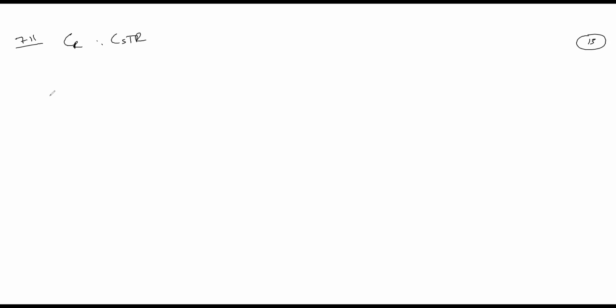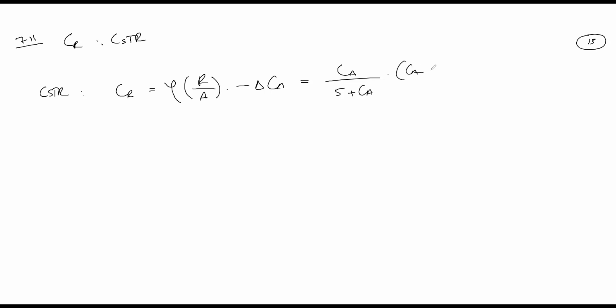So we said in a CSTR, the equation for CR was CR is equal to phi of R over A multiplied by minus delta CA. And we made the determination that this expression is equal to, have a look here, CA divided by 5 plus CA multiplied by minus delta CA, which will be CA naught minus CA.